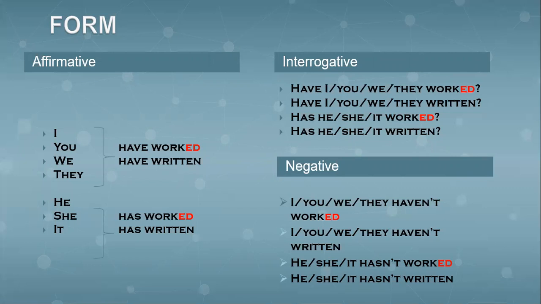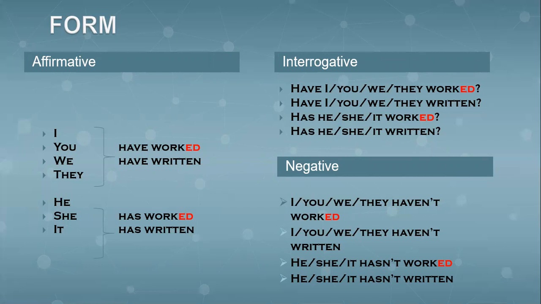So let's study those three types. First, we divide our subjects the usual division. We keep he, she, and it together in a package, and we combine I, you, we, and they together in another package. Why? Because he, she, and it add s to the verb. So that's why we combine them in a package together. So if the subject is he, she, or it, what do we do?